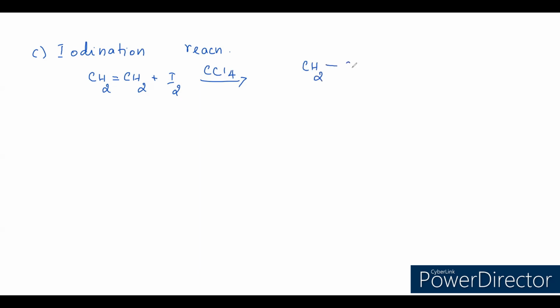You get CH2 single bond CH2, one iodine on the first and one iodine on the second carbon, and this is 1,2-diiodoethane. So these are some examples for addition reactions. Hope you have understood what are addition reactions.